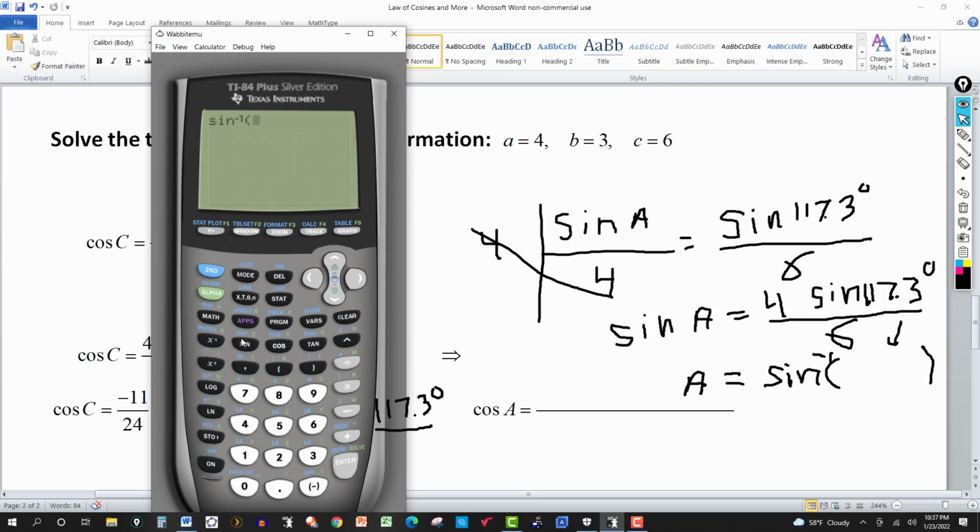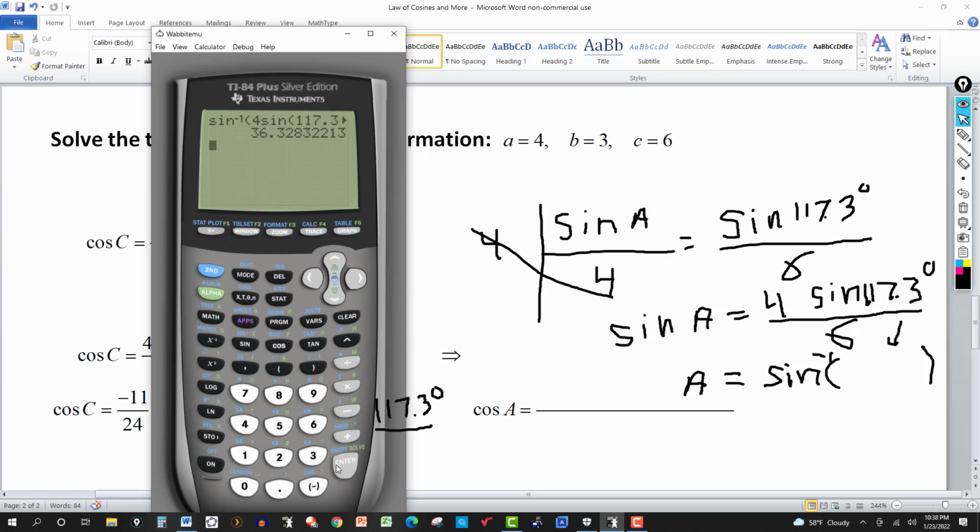Sine inverse of 4 times the sine of 117.3, close parentheses, divide by 6, and then close parentheses, and then hit enter. And we get A is equal to 36.3 to one decimal point.